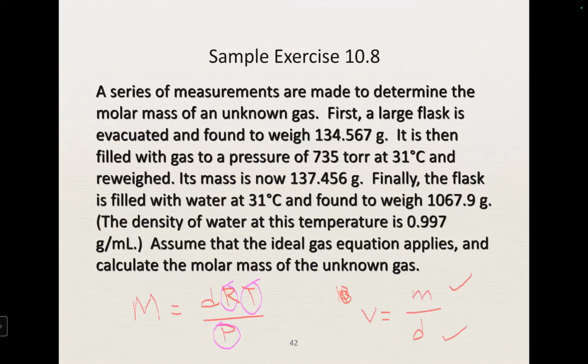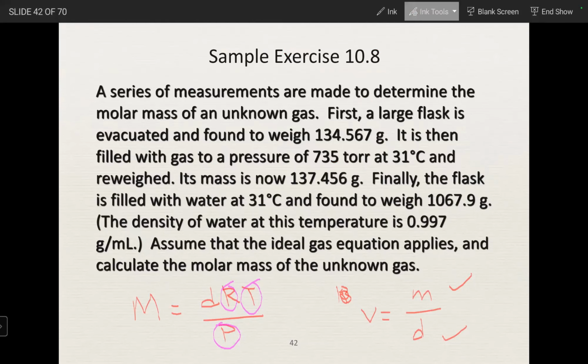And then if we go back, we have the pressure, 735 torr. We can convert that to atmospheres by dividing by 760, so the pressure is 0.967 atmospheres. So we've got the pressure, we can add 273.15 to the temperature, and R we already have.